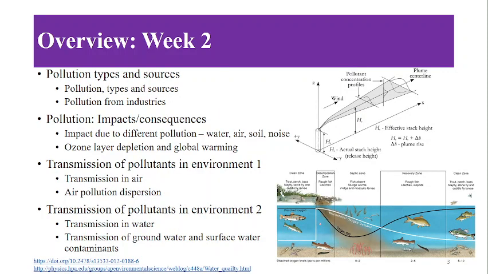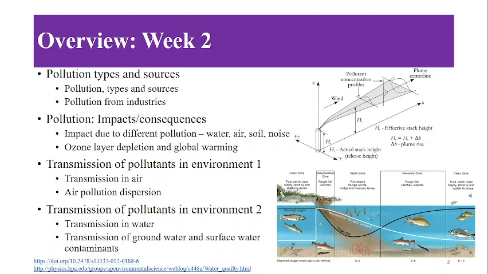The second week dealt with pollution types and sources. There are different types of pollution based on the medium they are emitted into. It can be into the air, into the soil, or into the water.